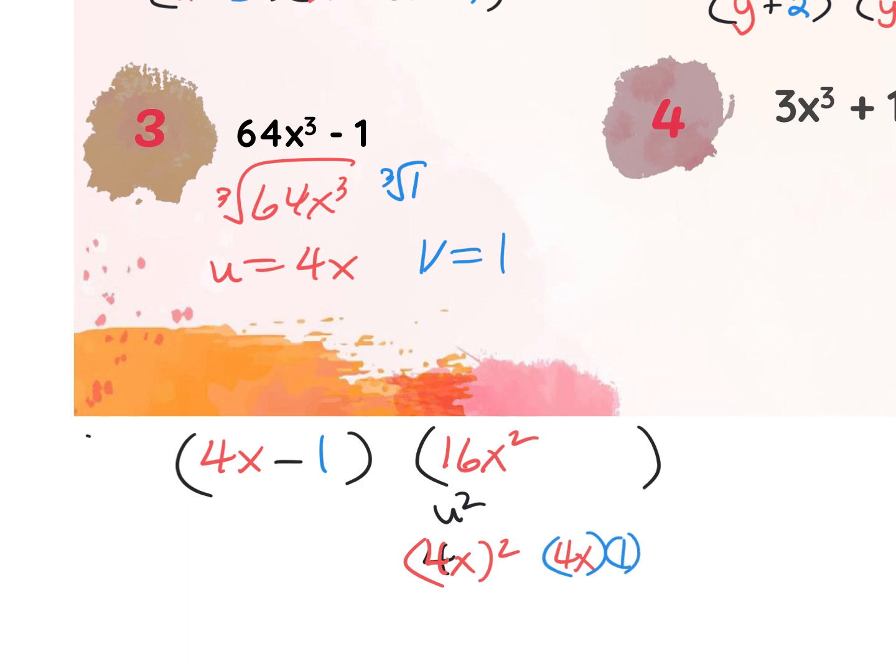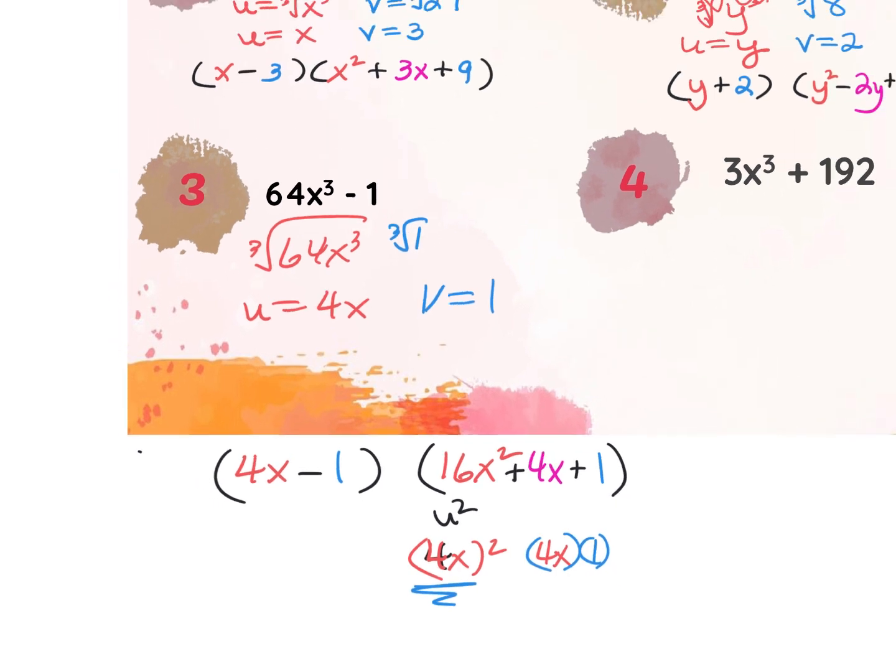So then opposite sign, and this is just 4x. And then finally last, always positive, 1 squared is 1. And you're done. So be careful when that first term, after you cube root it, if it's got a coefficient, don't forget to also square the coefficient.